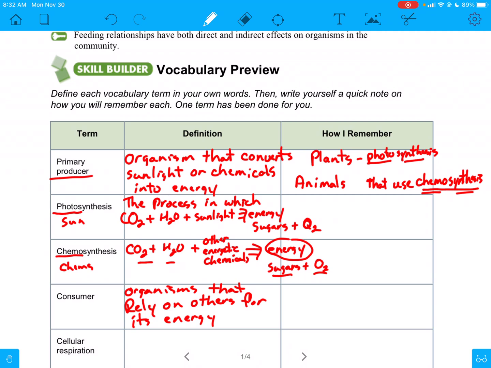Those living things don't need us, but we need them. Plants, things like that, are going to live on this planet whether there are animals or not. But consumers have to have plants, otherwise we will never go anywhere, right? So consumers are organisms that rely on others for their energy.